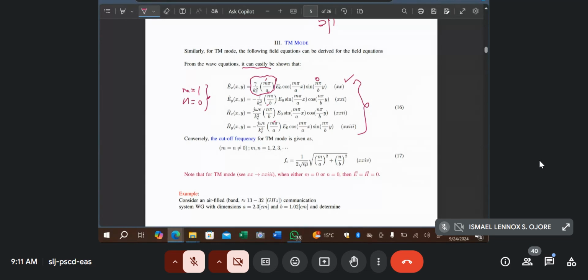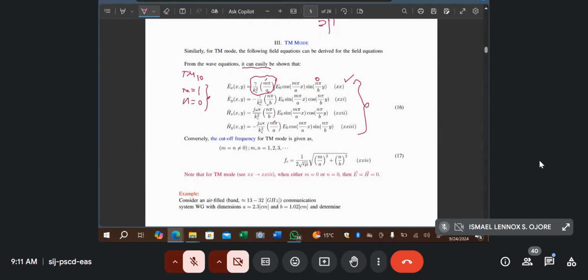We are trying TM10. It will vanish, the whole thing, so it will be 0. So for TM10, Ex will be 0.